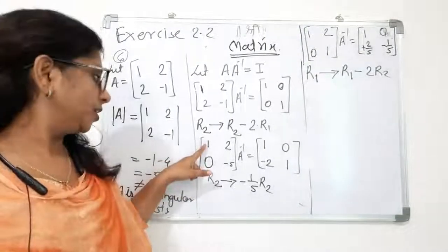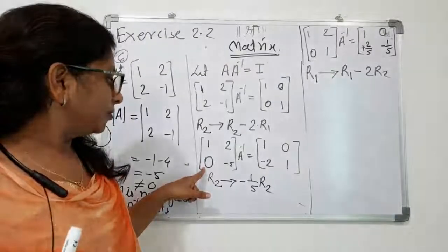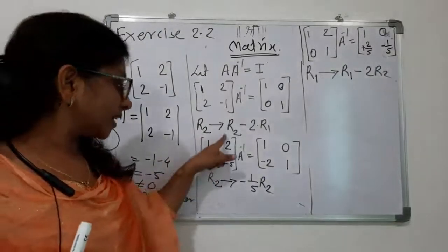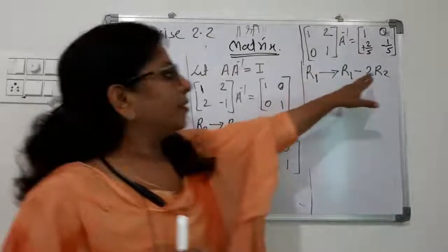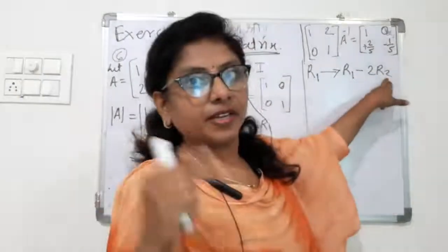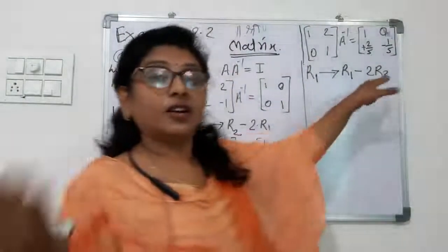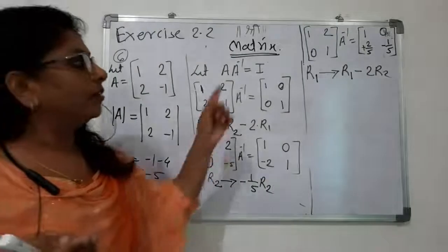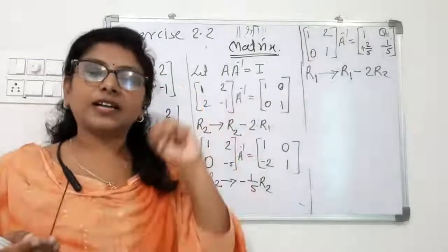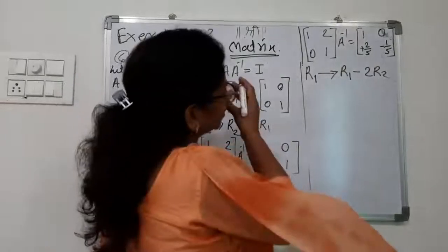Always keep in mind: for the first column we use R1, for the second column we will always use R2, and if a third column is there, then for the third column we use R3 only. Okay, step by step, you will understand this.